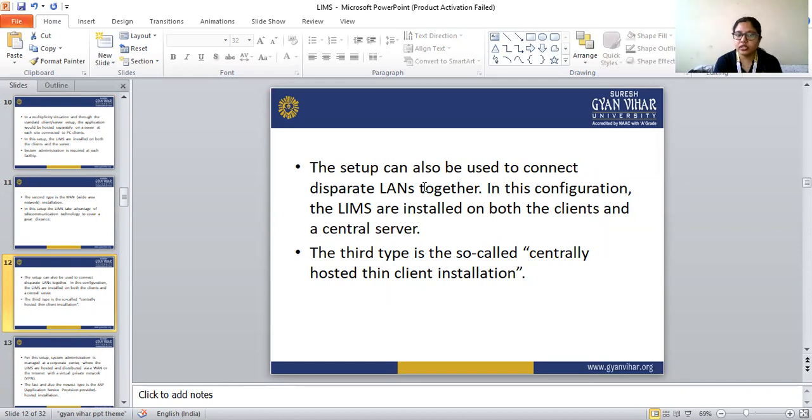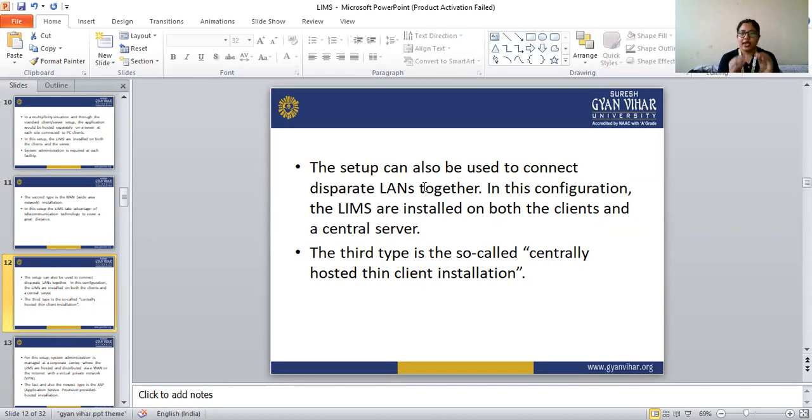In this configuration, LIMS are installed on both the clients and the central server. In this wide area network system, there is a central server, and all the clients are connected to the central server.